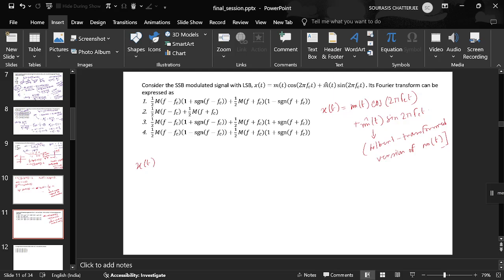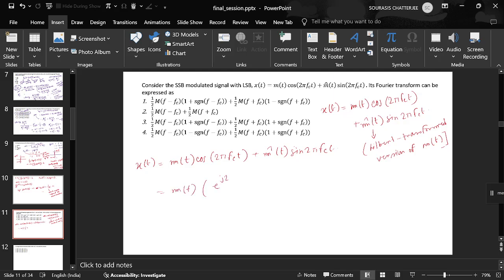So let me write it as follows: x t is equal to m t cos 2 pi fc t plus m hat t sin 2 pi fc t.